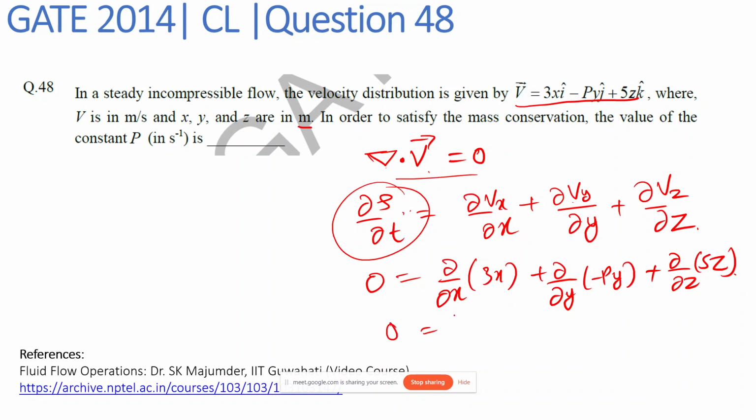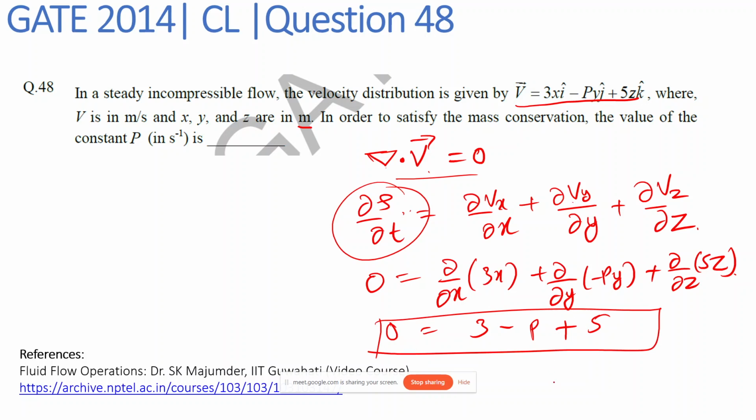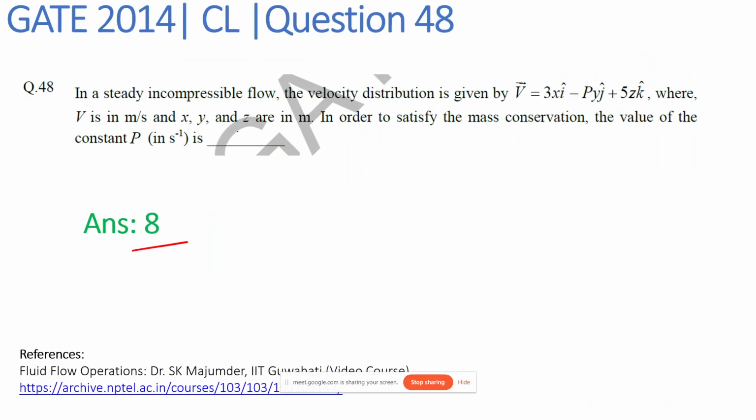Once we differentiate it, it will be 3 minus p plus 5, which is 0. So this equation will hold true, and from this we can get the value of p as 8. That is what we were asked in this question, the value of constant p. So the final answer, we can write it as 8.